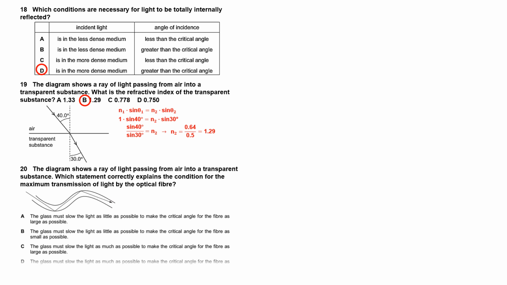Question 20. The diagram shows a ray of light passing from air into a transparent substance. Which statement correctly explains the condition for the maximum transmission of light by the optical fiber? In an optical fiber, there are two main components, the core and the cladding.